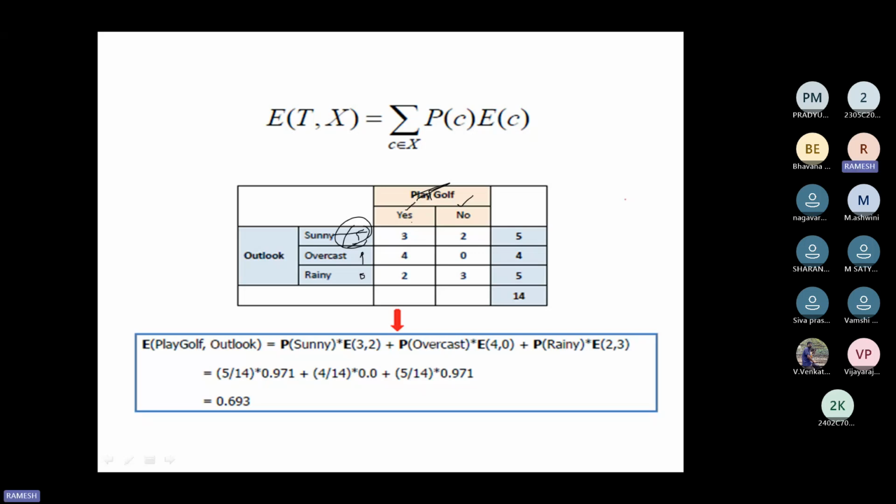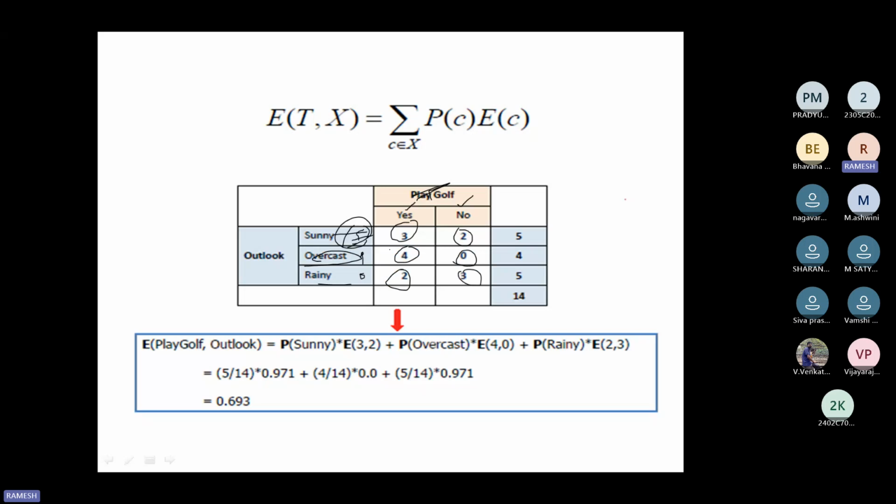Whenever it is sunny, the target variable is yes 3 times and no 2 times. Whenever it is overcast, the target is yes 4 times and no 0 times. And rainy, 2 times yes and 3 times no.